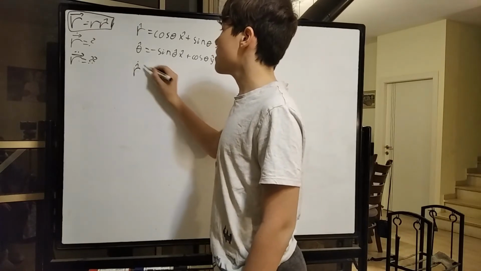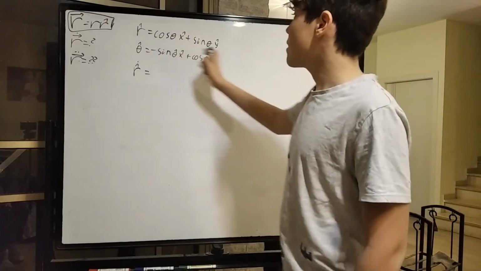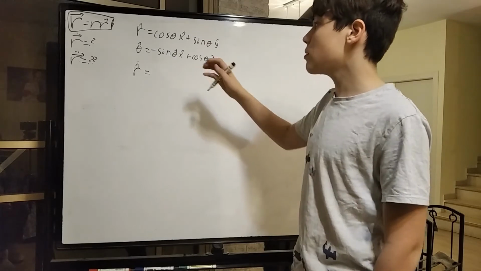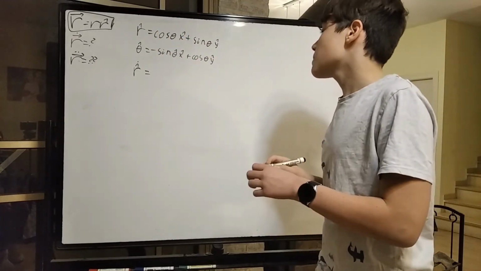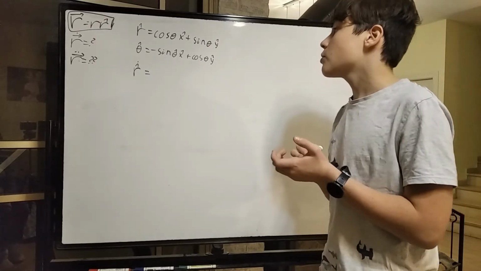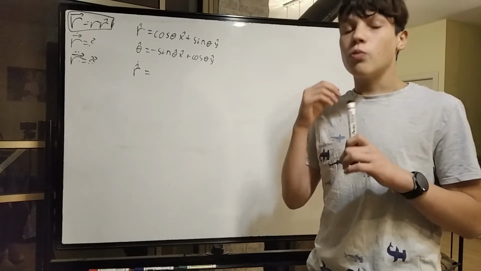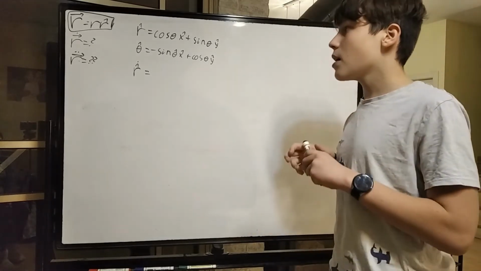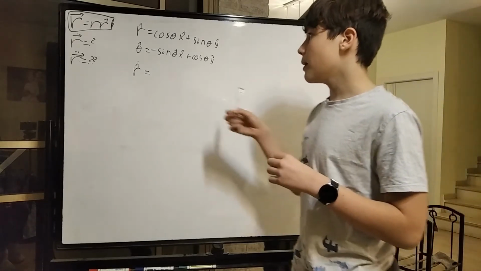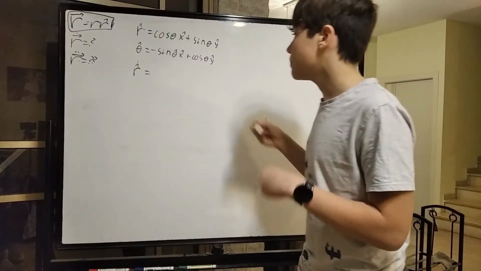So r hat dot is, well, now we are talking about Cartesian coordinates, so this time it will be nice. It's the derivative of cosine theta times x hat plus the derivative of sine theta times y hat. The derivative of cosine is negative sine, but remember, we're differentiating with respect to time, not to the angle, meaning that we have to multiply by the derivative of the angle, because the angle can also change with time.